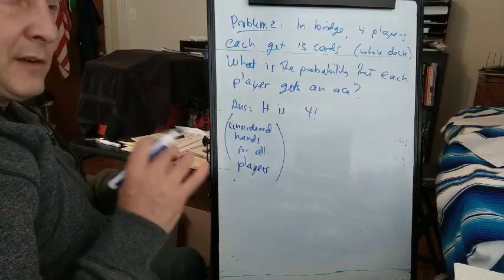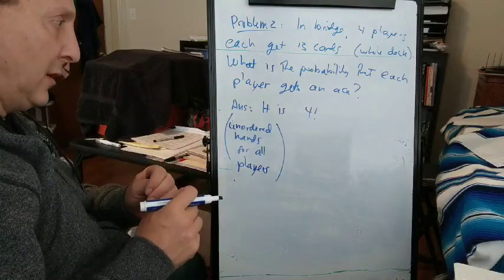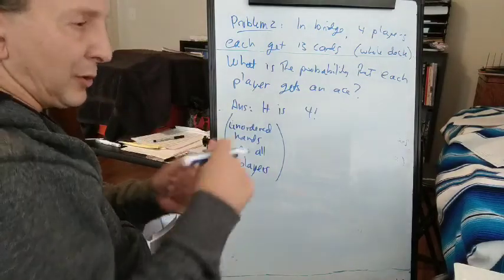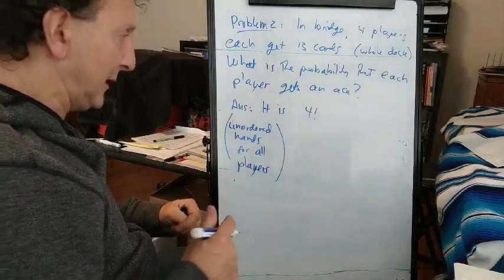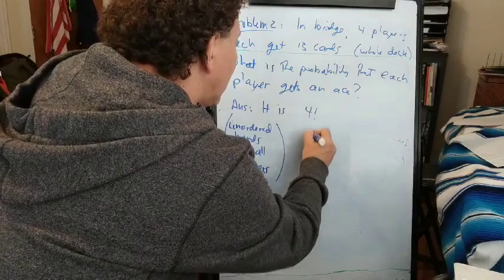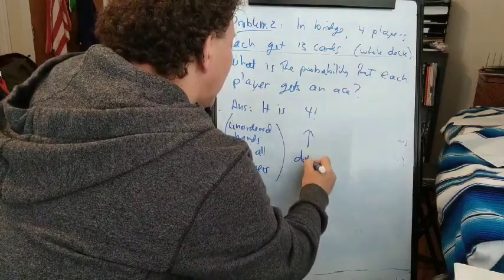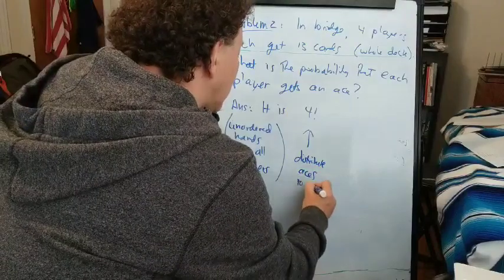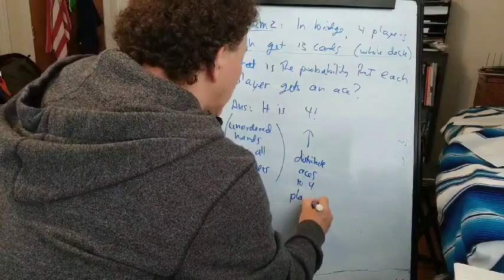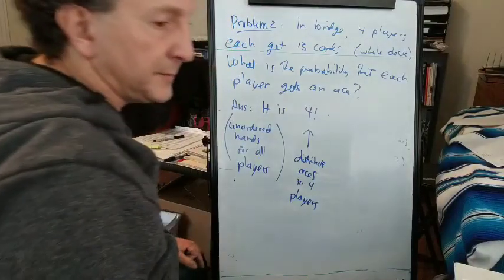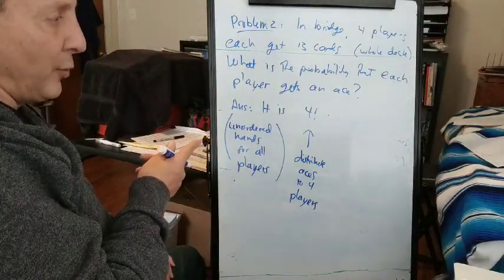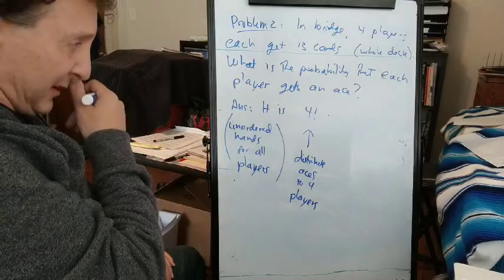All right, so I'm going to give everybody an ace first. So if I have 4 aces and 4 players, I can distribute those 4 aces in 4 factorial ways. And then after I get rid of those 4 cards, there's 48 cards left out of 52.